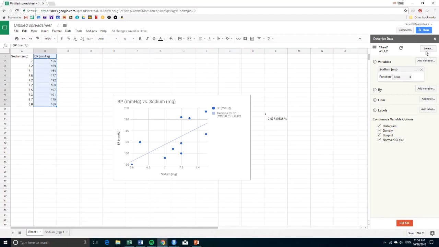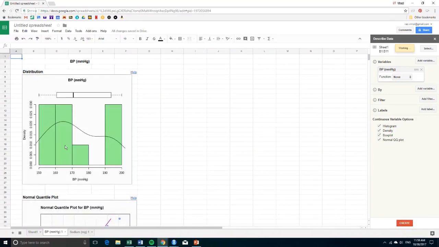Now, let's do the same thing for blood pressure. Variables. And the density plot looks pretty flat.